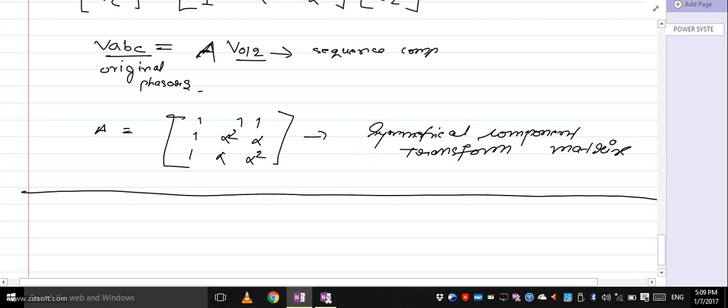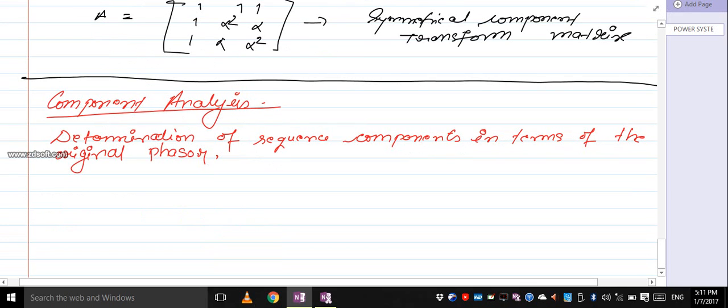So this was all about component synthesis. Now the next topic we will see is component analysis. The determination of sequence components in terms of the original phasors is called component analysis. We have already seen that VABC is equal to matrix A, the sequence component transform matrix, into V012.